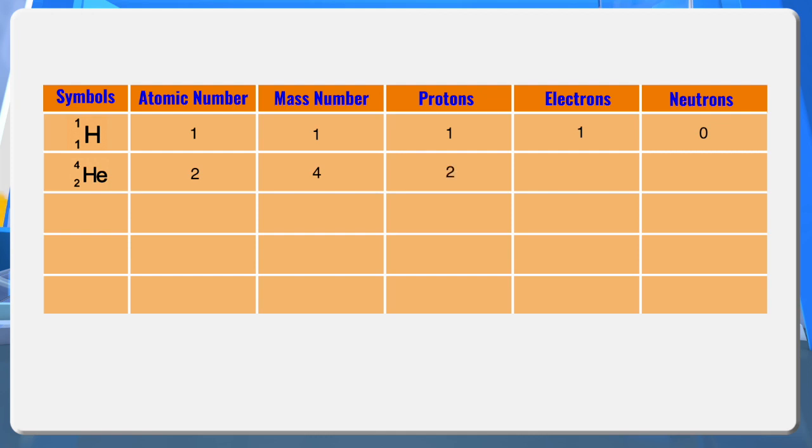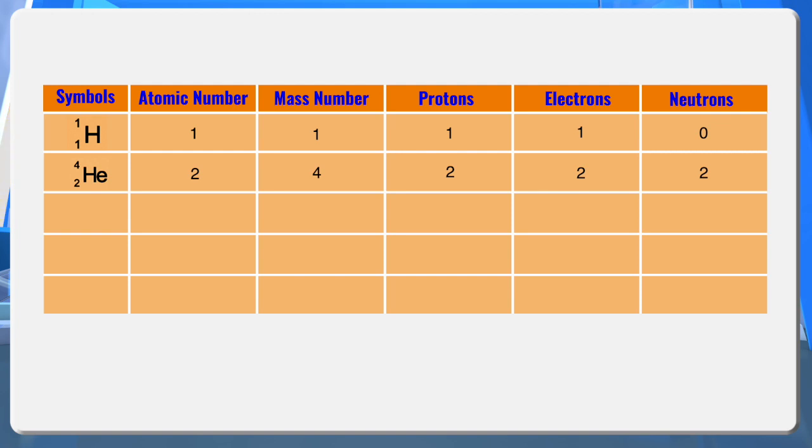That is equal to the number of electrons and it is also 2. Then, what about the number of neutrons? Yes, mass number minus atomic number. Here mass number 4, atomic number 2. Therefore, the number of neutrons is equal to 4 minus 2, that is 2. So, helium has 2 neutrons.